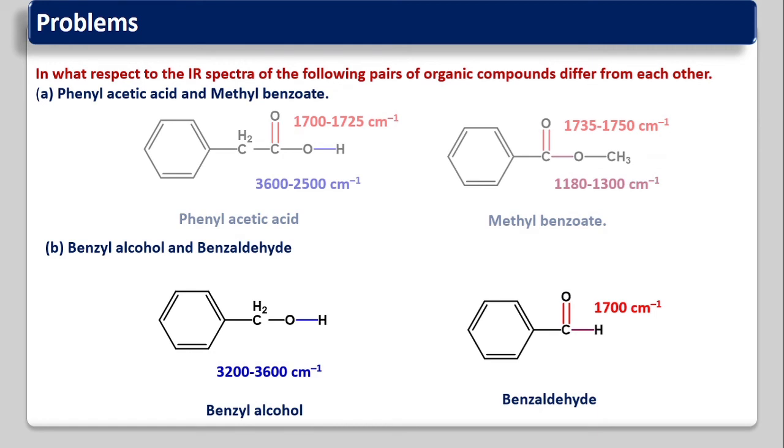So in this way, we should be able to distinguish the two organic compounds by using their functional group IR spectra. And the CH absorbs at 2700 to 2900 centimeter inverse, that aldehydic CH is not observed in the other compound. This is a special frequency you should remember, 2700 to 2900 centimeter inverse, that is aldehydic CH.